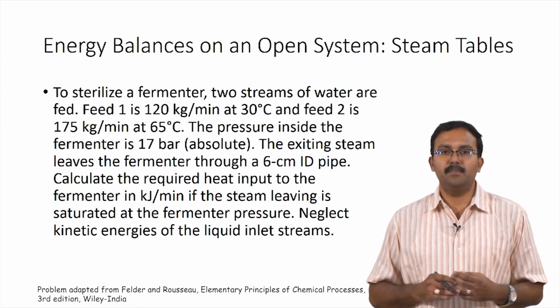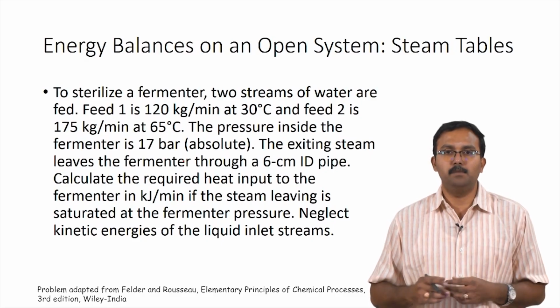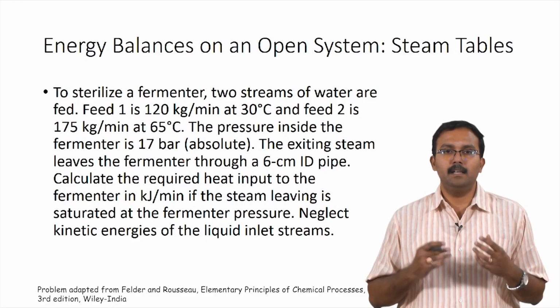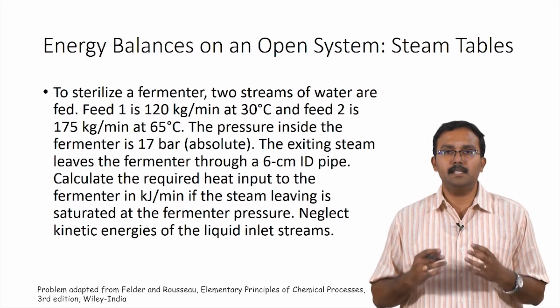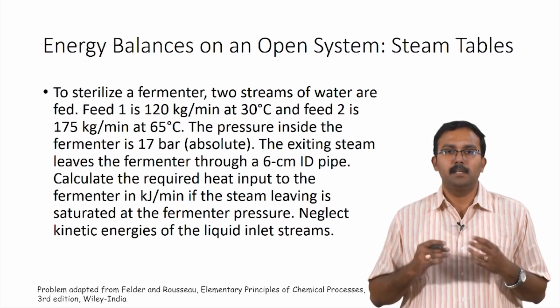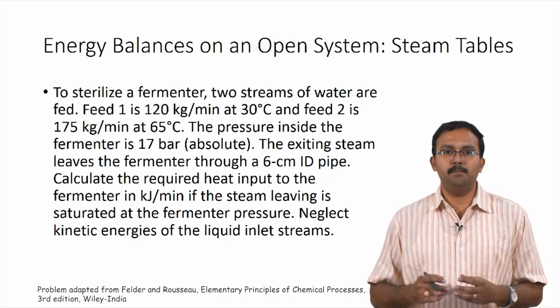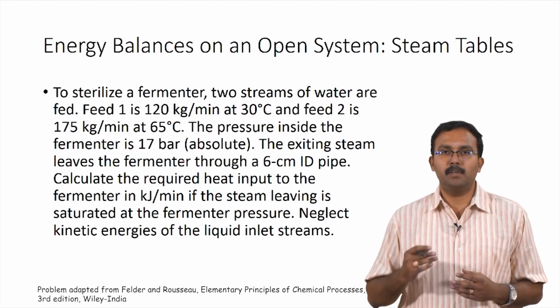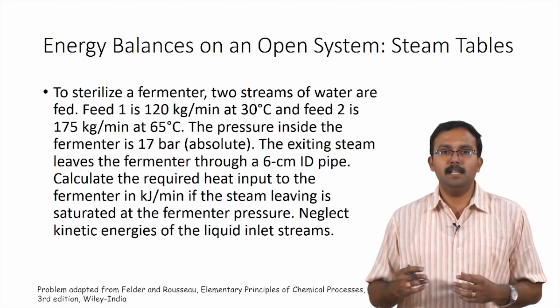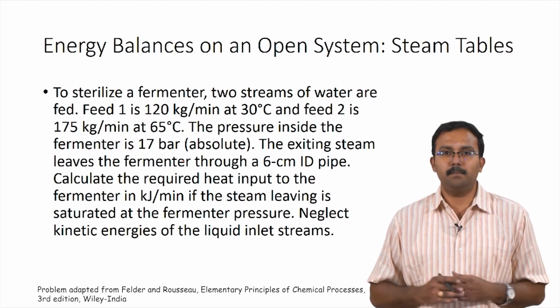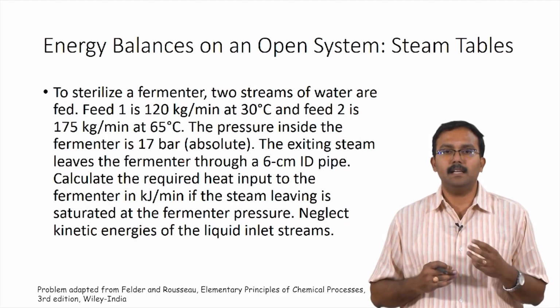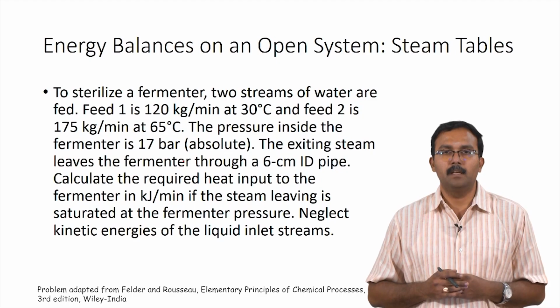The pressure inside the fermenter is 17 bar absolute. The exiting steam leaves the fermenter through a 6 centimeter inner diameter pipe. Calculate the required heat input to the fermenter in terms of kilojoules per minute if the steam leaving is saturated at the fermenter pressure. You can neglect kinetic energies of the liquid inlet stream.